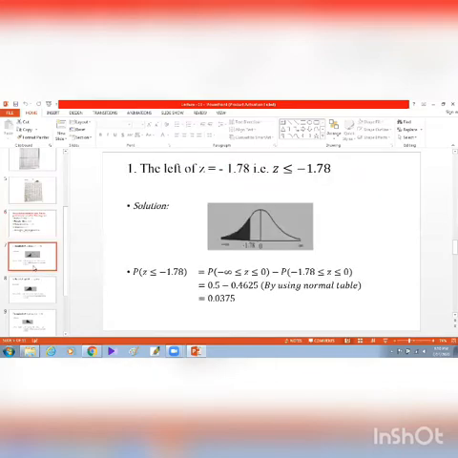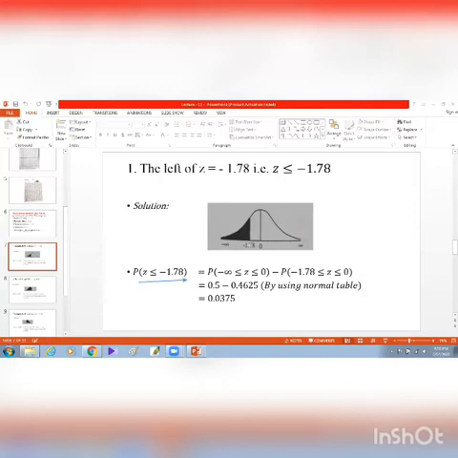First one, the left of z equals minus 1.78, that means z less than or equal to minus 1.78. Here, from the figure, if we represent this, we can say probability of z less than or equal to minus 1.78.